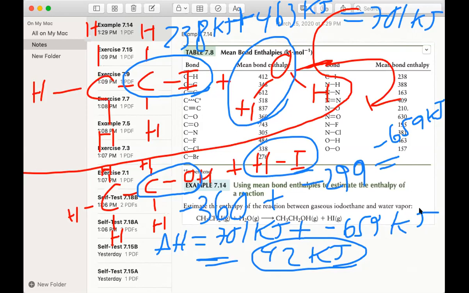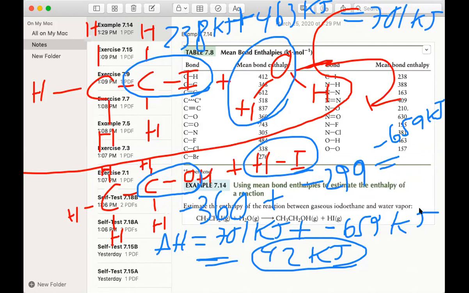If you look at the signs that we gave these numbers, we got negative and negative, right? And why do we have two negative signs? Because the CO bond and the HI bond were being produced, okay?